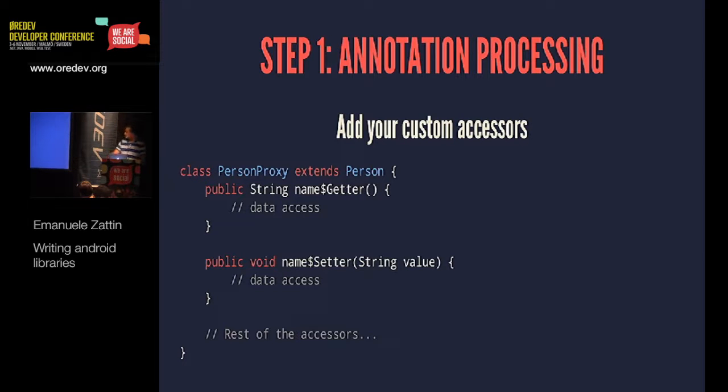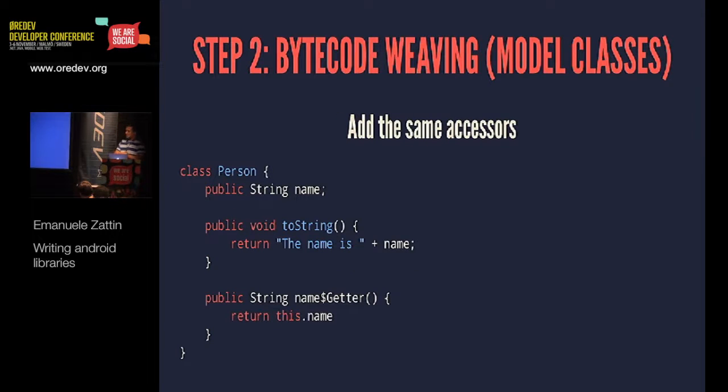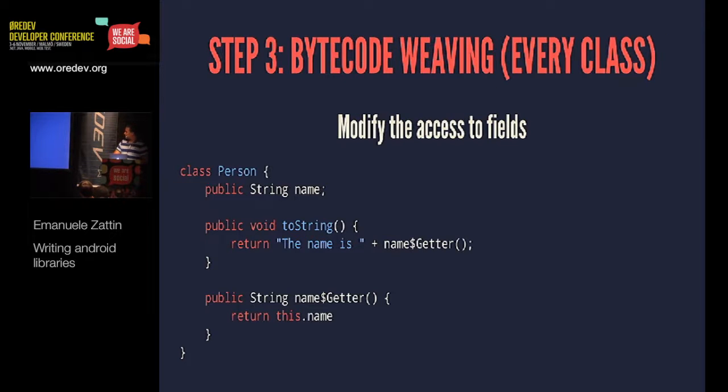But you generate this, and then actually the first step in bytecode weaving is actually to add the same getters and setters in the actual class. So you're adding methods, and all they do is actually to do whatever a normal getter and setter would do. And then the second step will be actually to substitute any access of the field you're interested in to the actual method you generated.